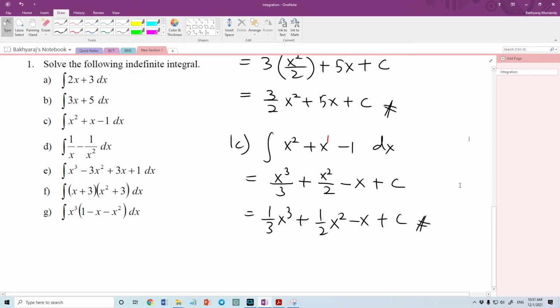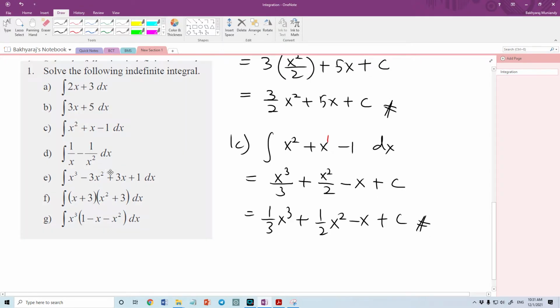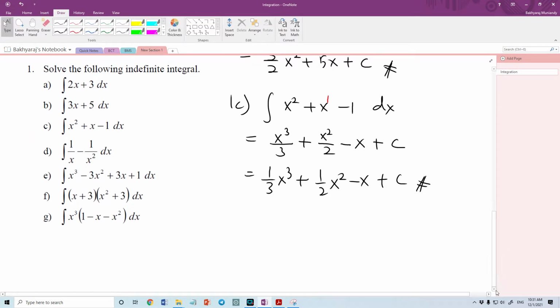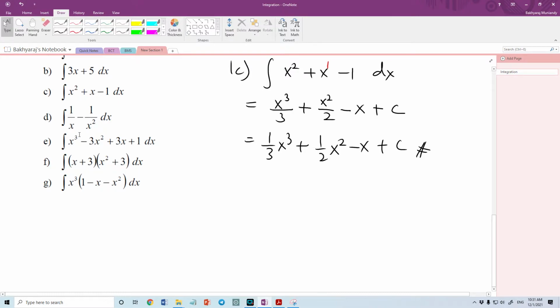Okay, so now I'm going to continue with 1d. 1d is slightly different from what we have learned so far. So look at 1d. We need to integrate 1 over x minus 1 over x squared dx. So we have 1 over x minus 1 over x squared.